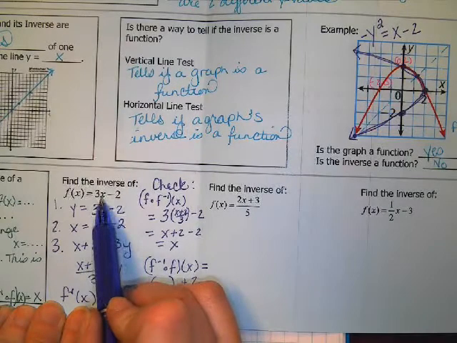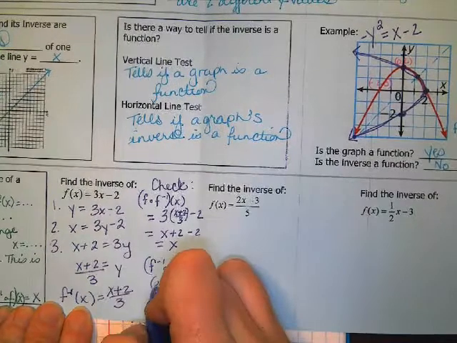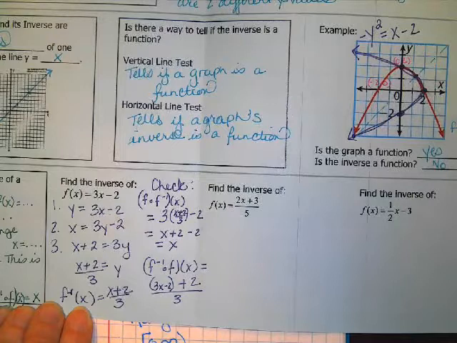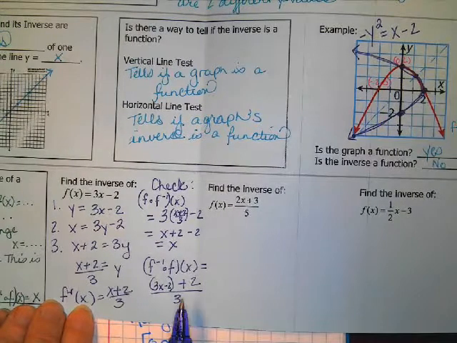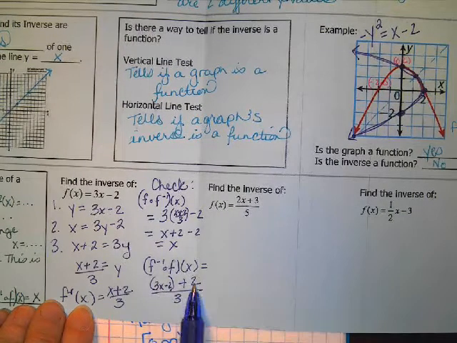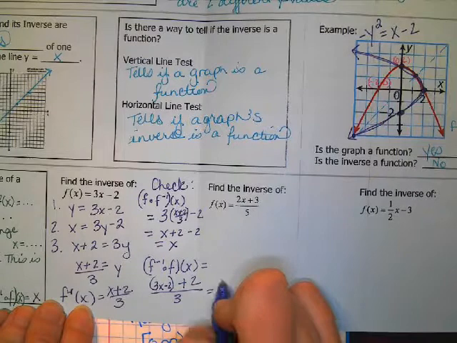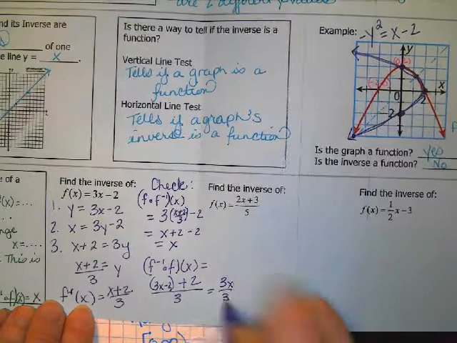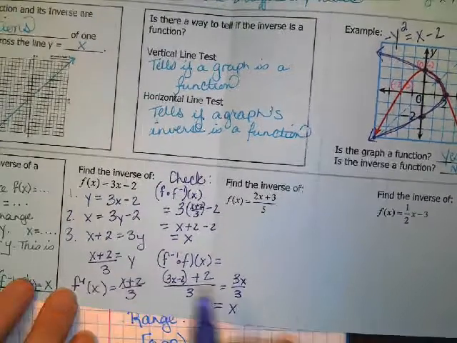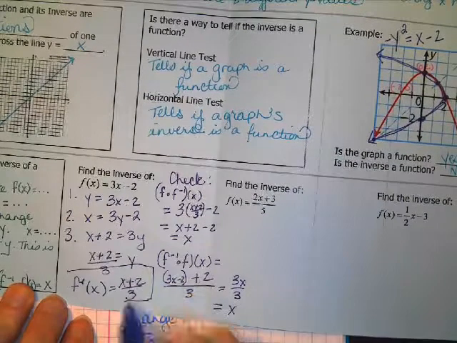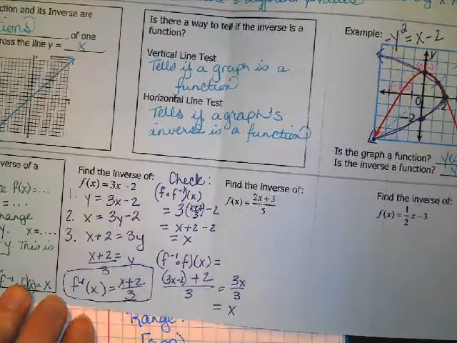So I will compose the other direction as well, because I should check both of them. The outside function is the inverse function. So I'm going to rewrite this function, but every place I see an x, I'm going to write a parentheses. So parentheses plus 2 over 3. Inside that parentheses goes the original function, 3x minus 2.